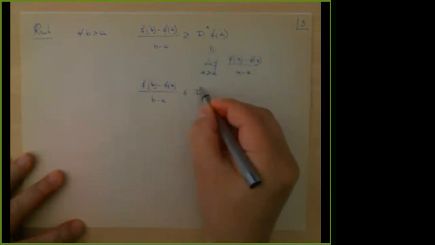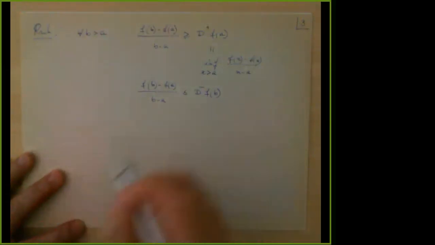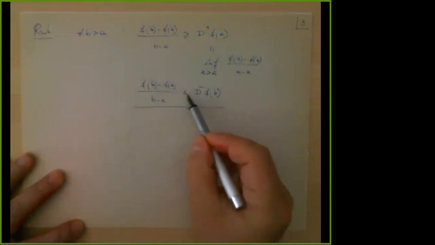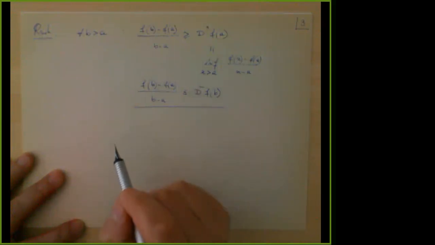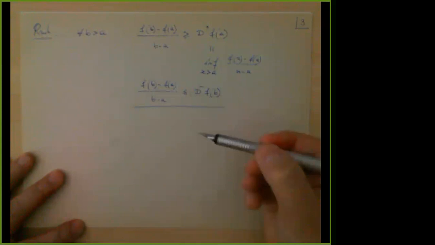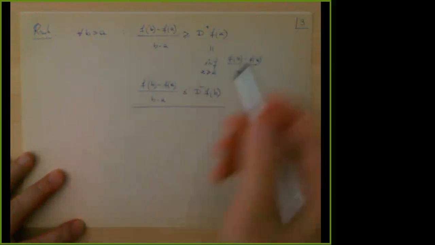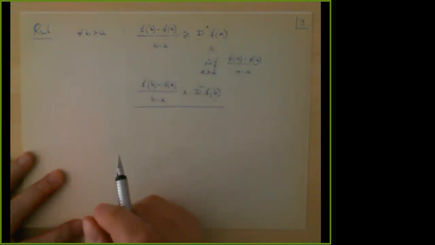Okay, so you get exactly the same argument. You just look at the left, so this is the supremum, and you repeat the same thing. Everywhere where you have minus, you have plus, where you have inf, you have sup. So everything is quite simple here.